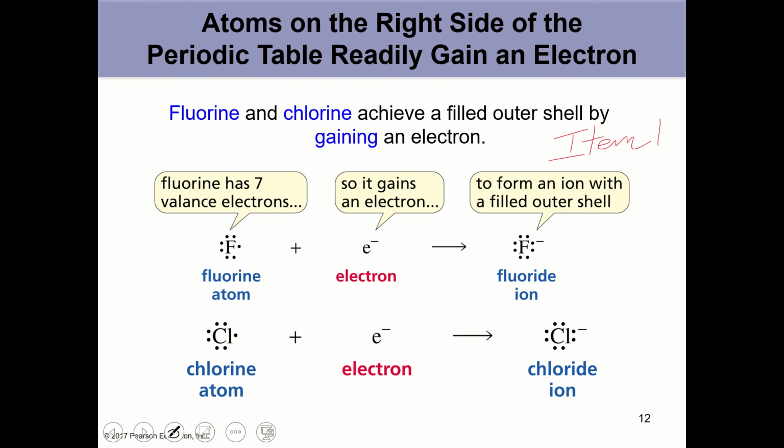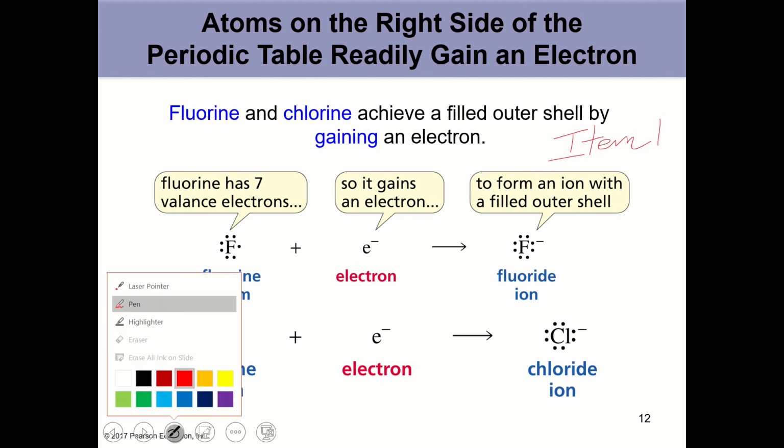So when we gain an electron, we become negative, we become an anion. And so nonmetals tend to form anions. They gain electrons until they have the same configuration as the noble gas at the end of their same row. And then they will have a negative charge because the number of protons is no longer equal to the number of electrons.